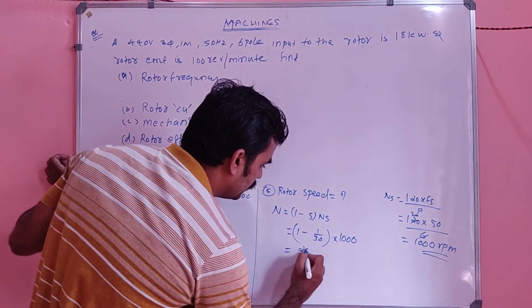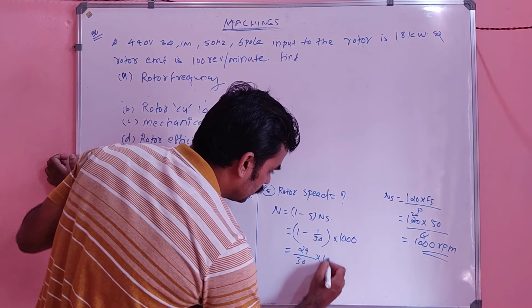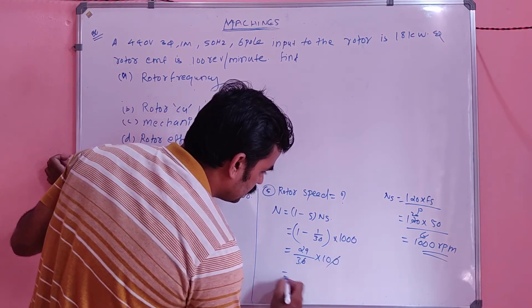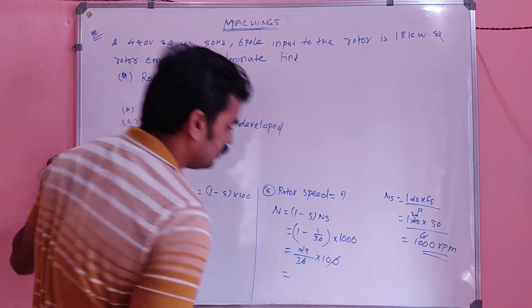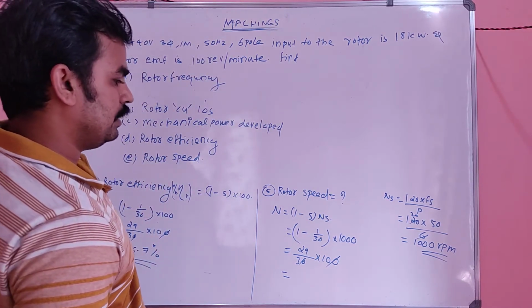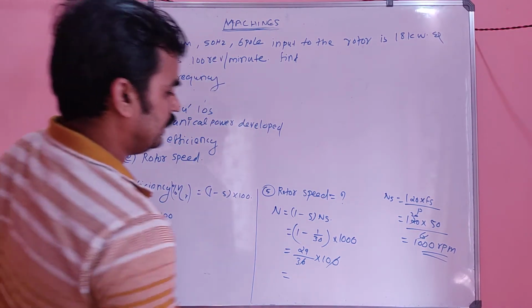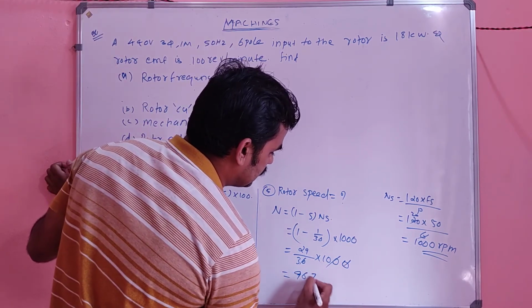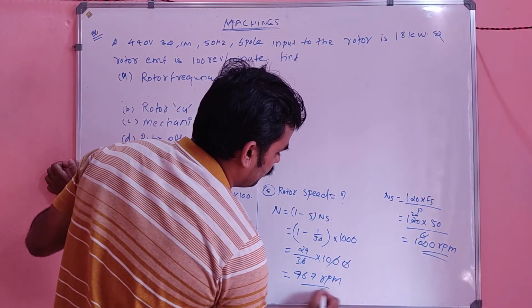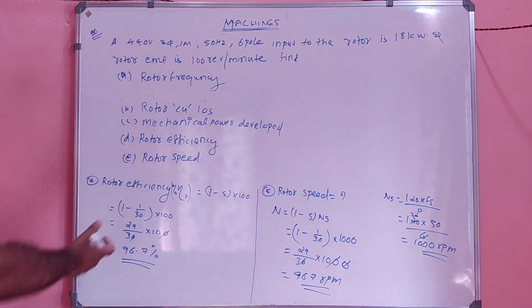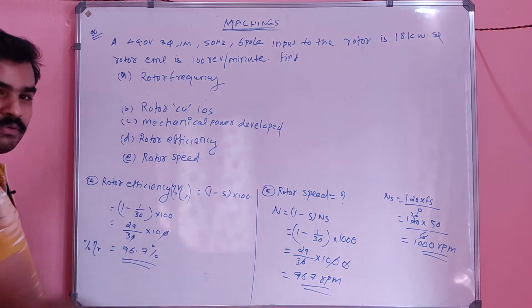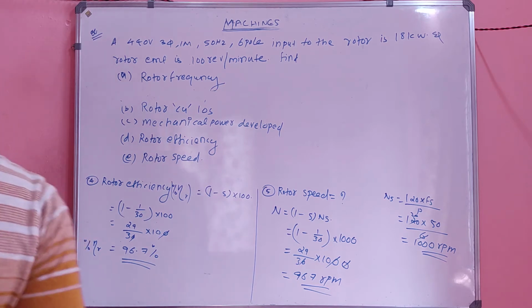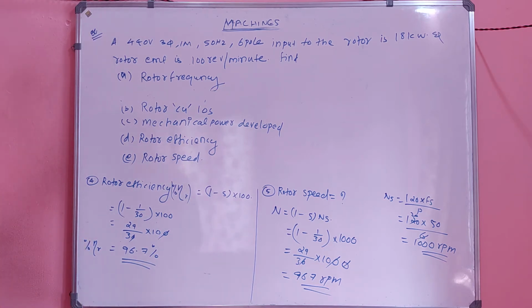So it will be 29 by 30 into 1000. It is 967, because it is 96.7 percent, so one more 0 is there. It will be 967 rpm.